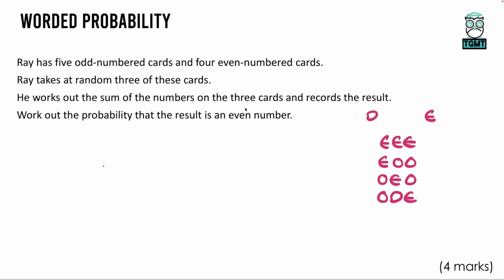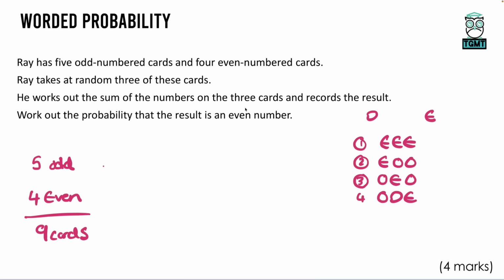So, if we're going to take this approach, there are currently 5 odd, and there are 4 even. Now, if we think about that, that means that this is out of 9 cards. So on our first pick, if we go for this even, even, even, if we label these up, look, 1, 2, 3 and 4, these are the 4 options that we need to work out.